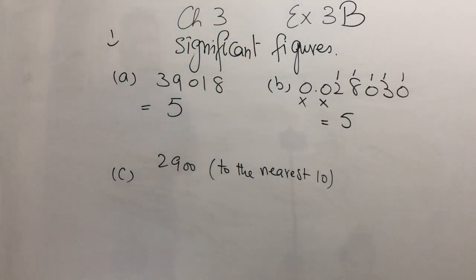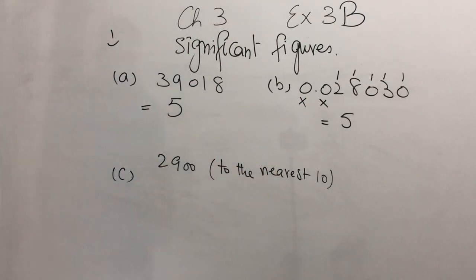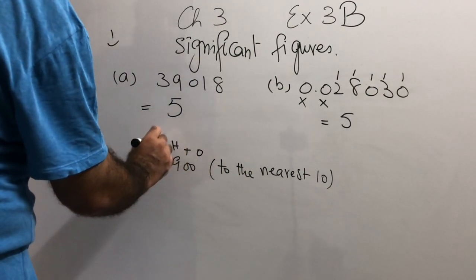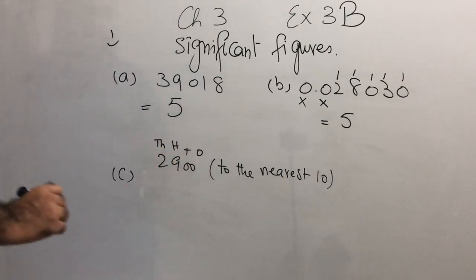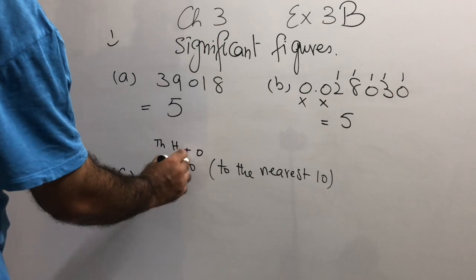Okay, now part C says 2900 to the nearest 10. First we need to round it off to the nearest 10. Then after that we will tell the number of significant figures. This is ones, tens, hundreds, thousands. The rule says that it is the nearest 10, so place a bar here.